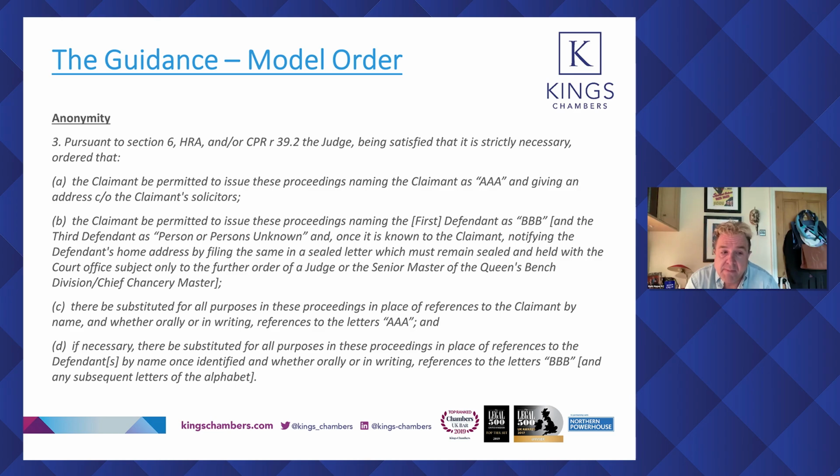And then the claimant is permitted to issue these proceedings, naming, and it provides for what the first defendant is to be named as. And that is an anonymity order which, unlike an order for privacy, will usually carry on through the case, provided the court is satisfied at the inter partes hearing that anonymity was properly granted.